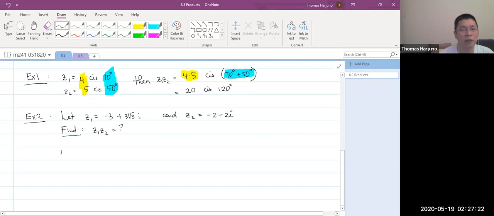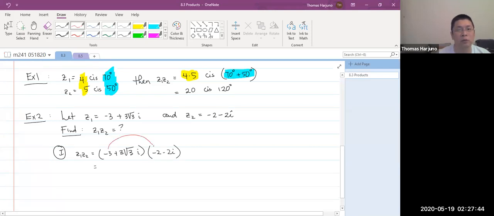The first method, the easy method, method 1, just multiply them directly. So negative 3 plus 3 radical 3 i times negative 2 minus 2i, and then you FOIL that, right? The first term will be positive 6.